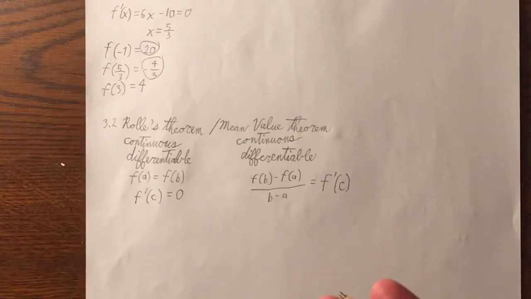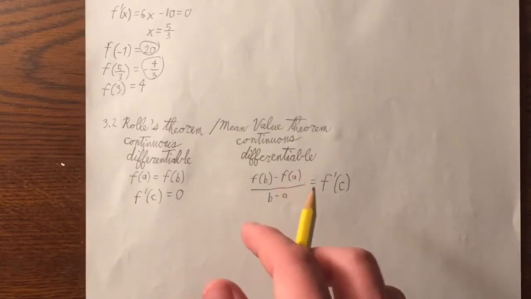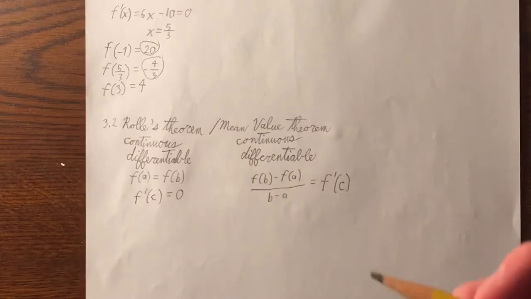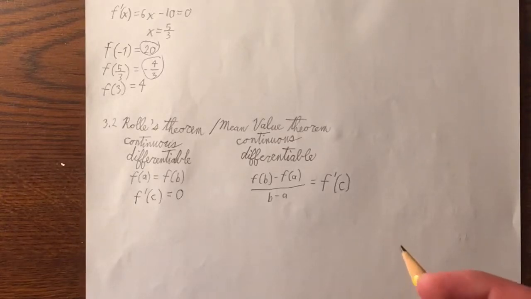It's pretty straightforward. But with the mean value theorem, you get a problem where the starting and end points of your interval are not equal. That means the tangent line you find in the middle will have a less likely chance of having a slope of 0.